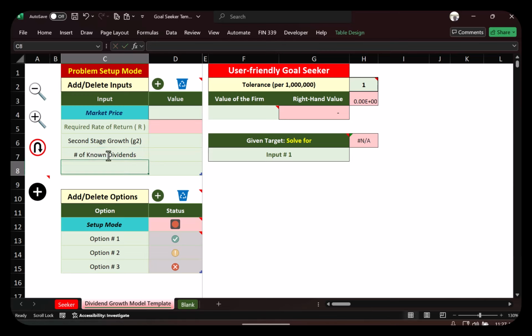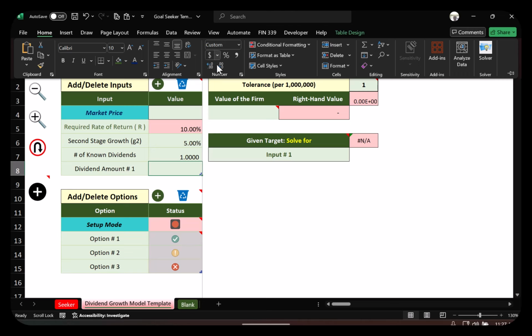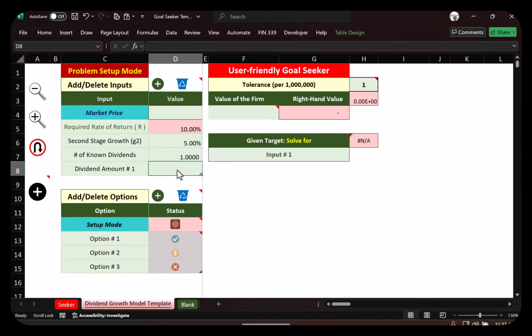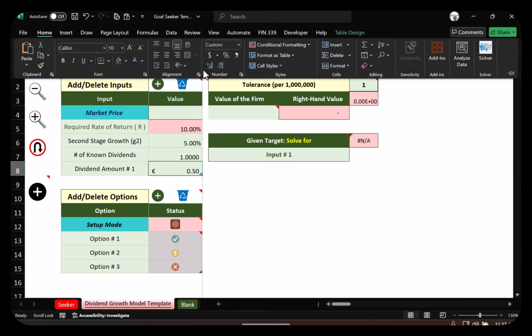Number of known dividends. Let me put numbers here. 10, 5, 1 for now. That's the minimum. Okay.